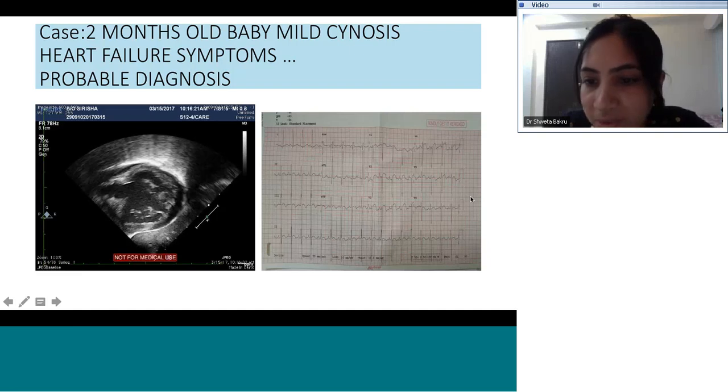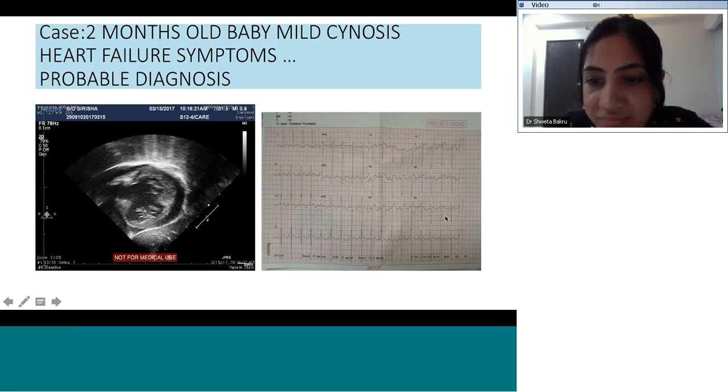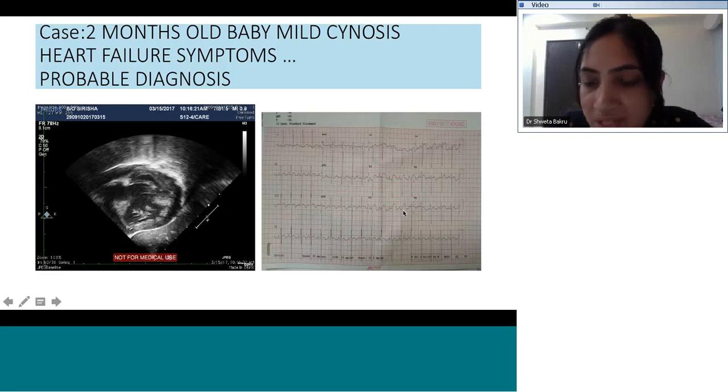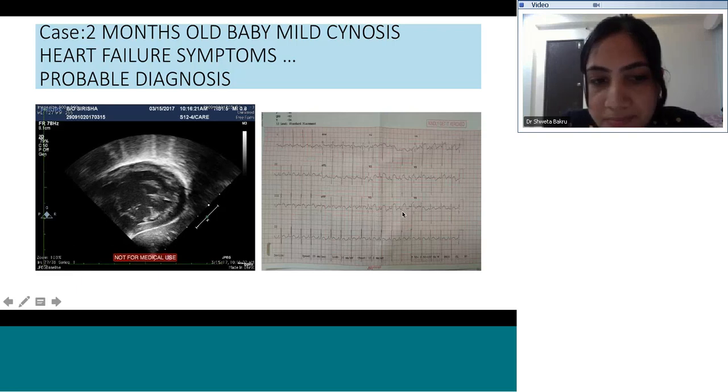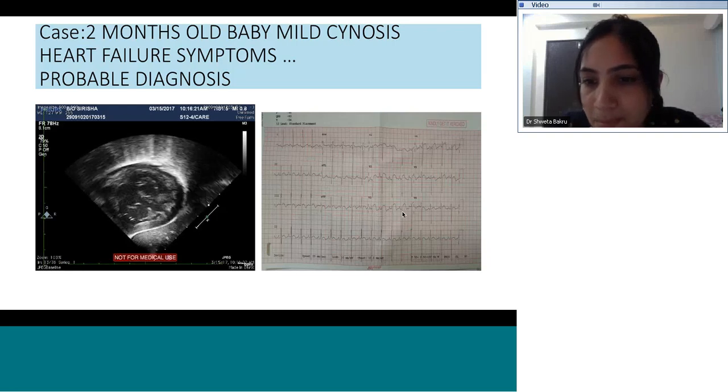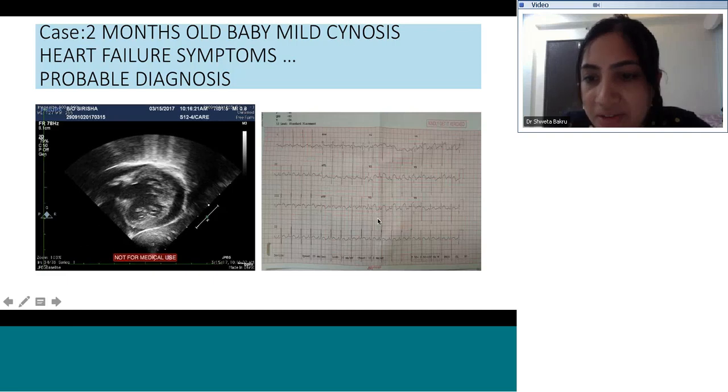Tricuspid atresia without PS. Okay. Yelikar, why did you say that? What is your supportive evidence? Left axis deviation, cyanosis and CCF.